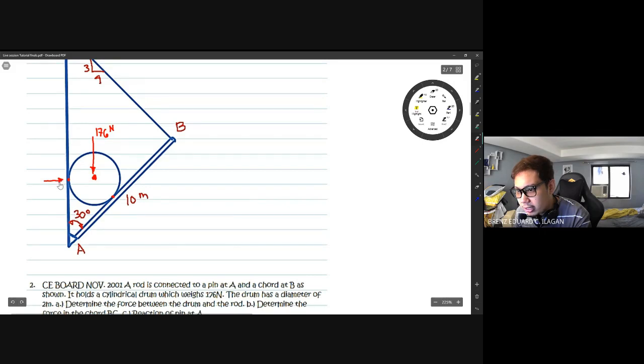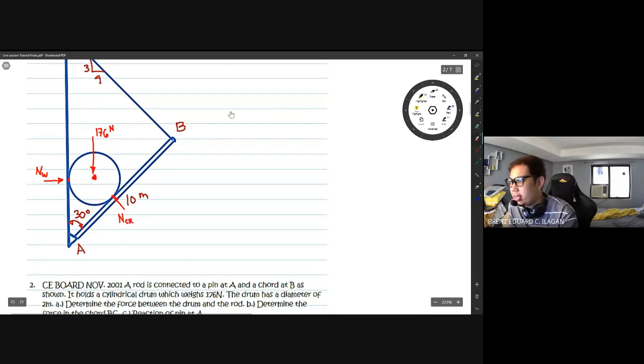So, pangalanan natin to as normal force with respect to sa wall. NW. And then dito, this is the normal force between the cylinder and rod. Gawin nating NCR, between cylinder and rod.